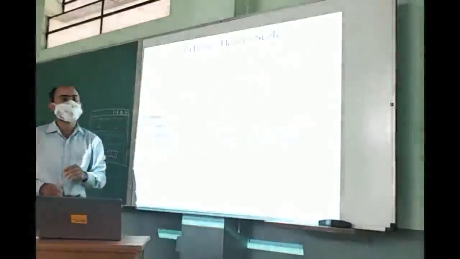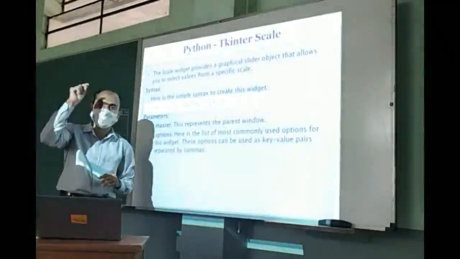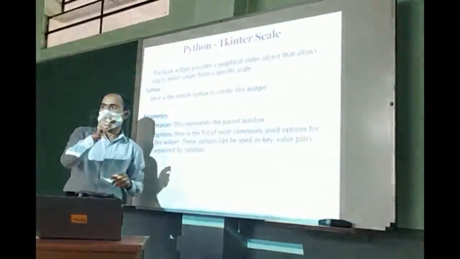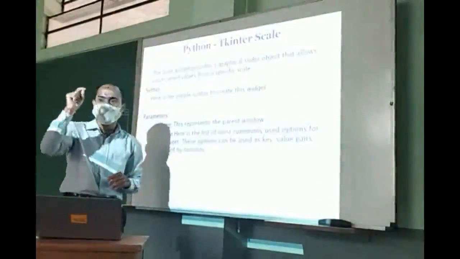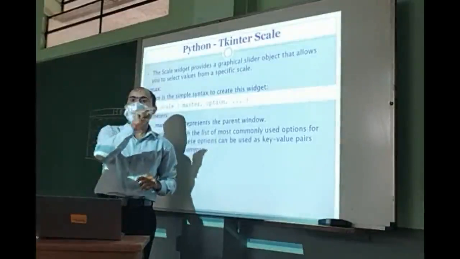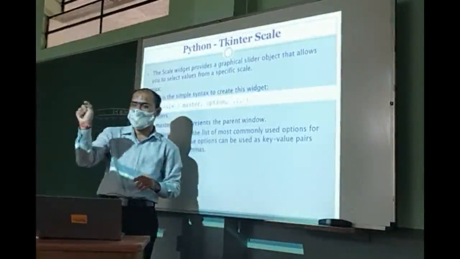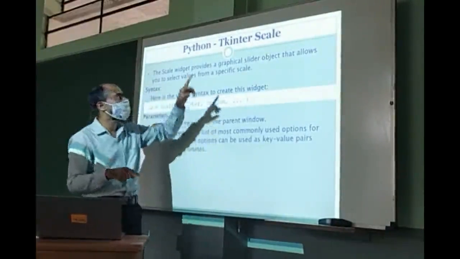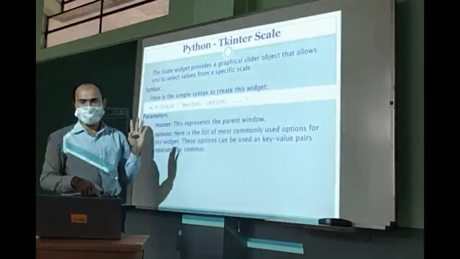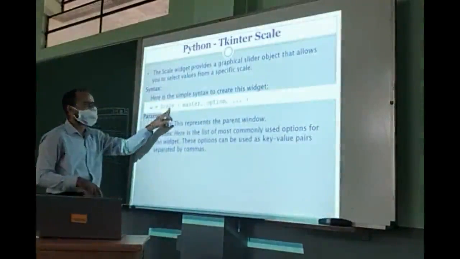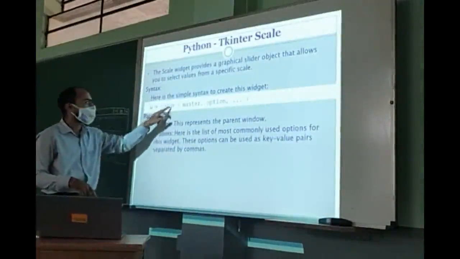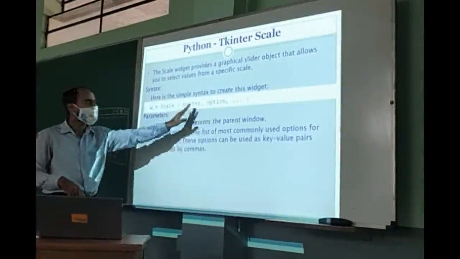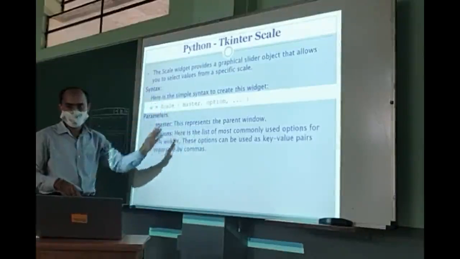Like in many applications, the slider is used to increase or decrease a value. Such a scale or slider is created by using the Scale class. The syntax is again similar: object = Scale, with arguments master and options.